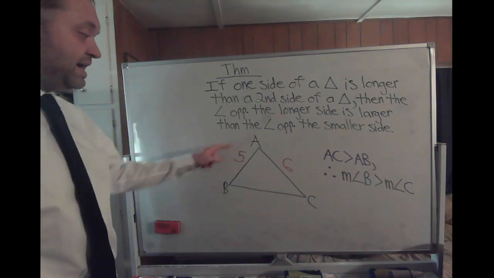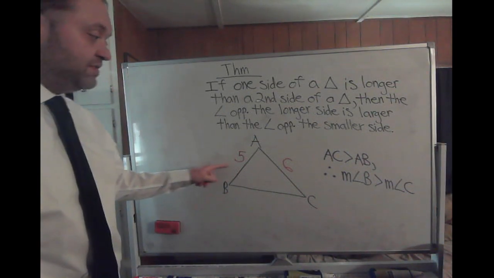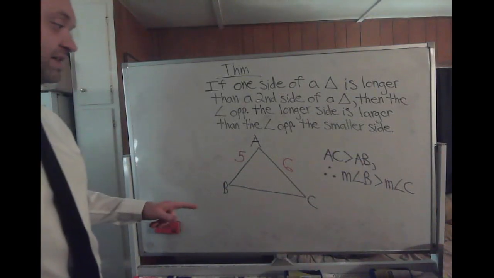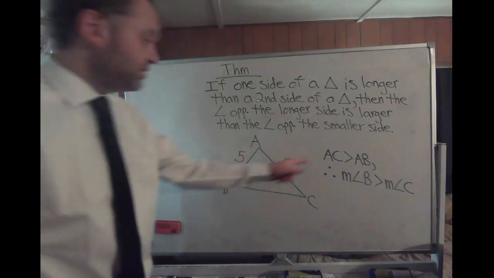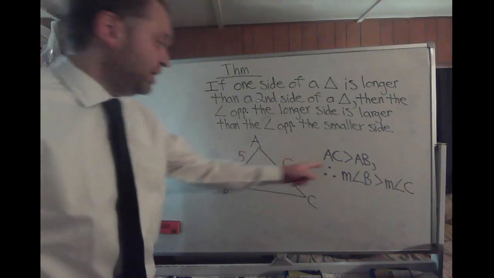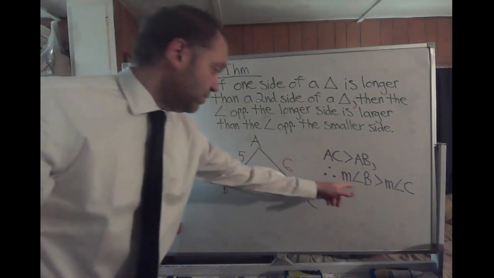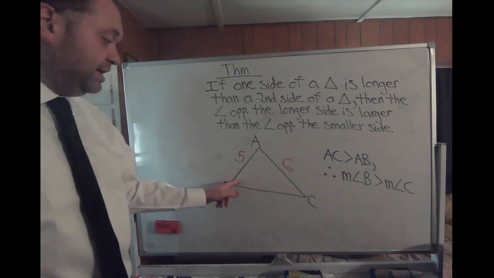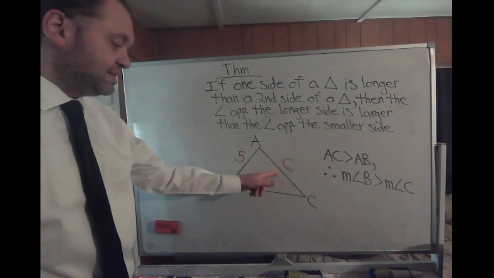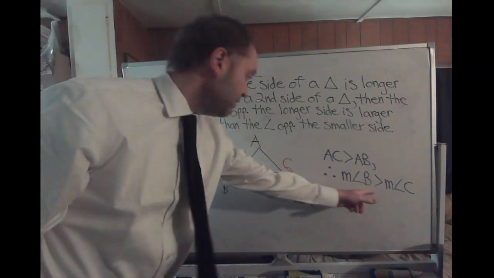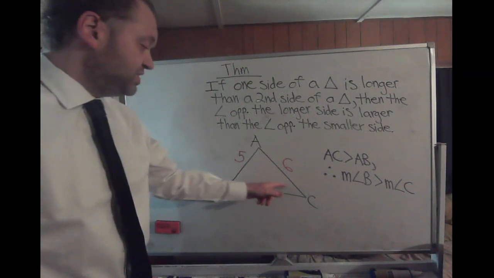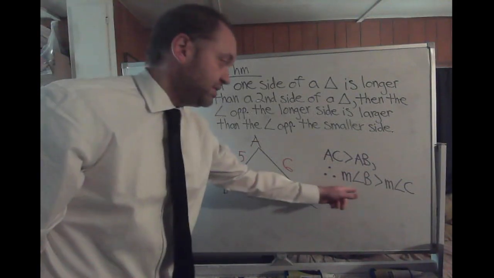Side AB has a length of 5, side AC has a length of 6. So it's clear that side AC is greater than side AB. It's longer, right? Therefore, angle B, which is opposite the side with a length of 6, would be greater than angle C, which is opposite the side with a length of 5.